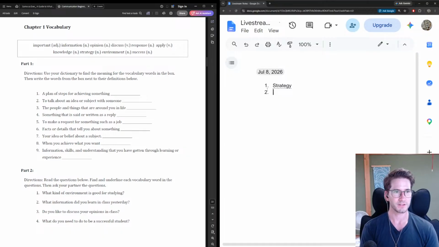Okay, number 2, to talk about an idea or subject with someone. Talk about something. Discuss. And let's make some example sentences here too, so we can see them in context. Strategy.